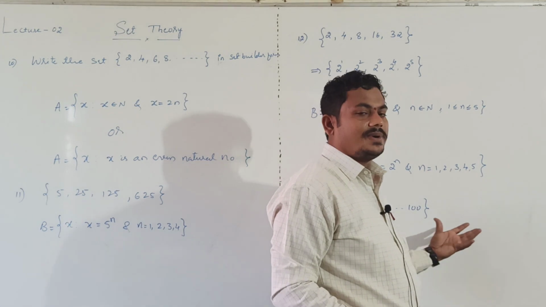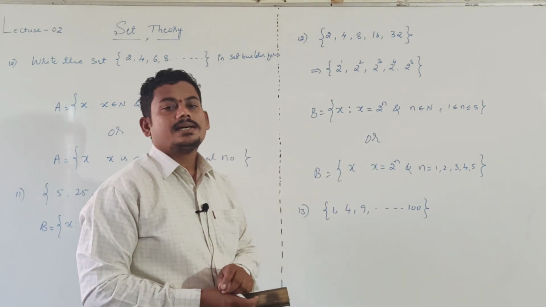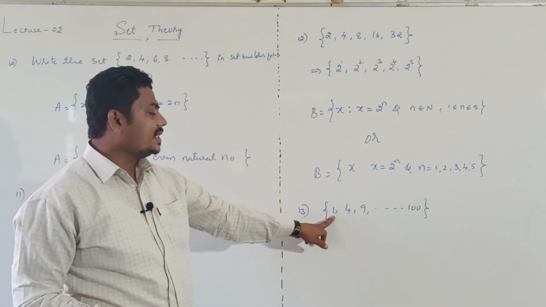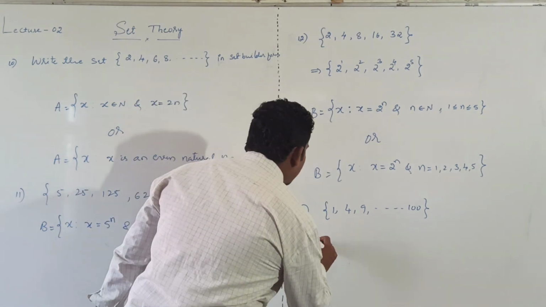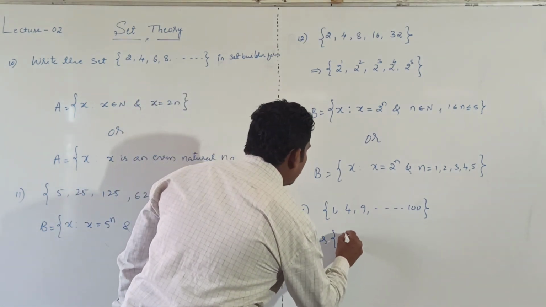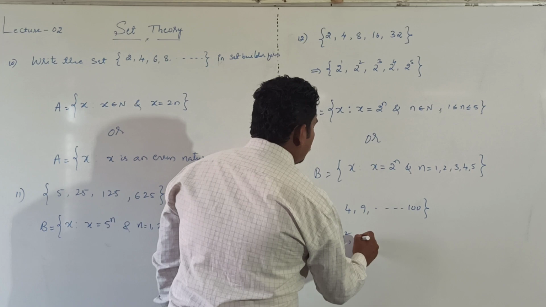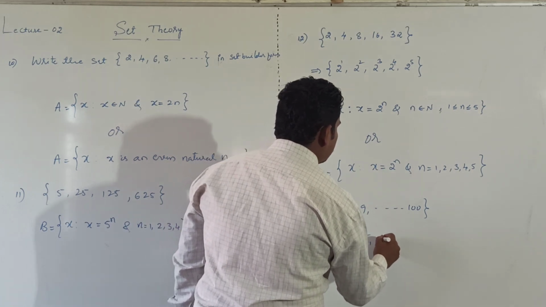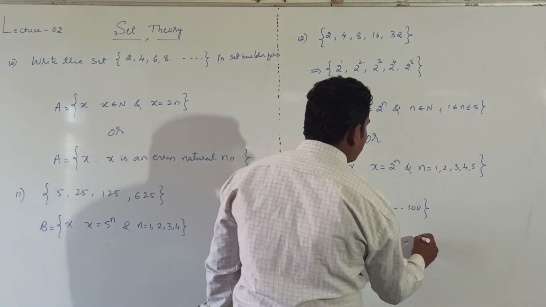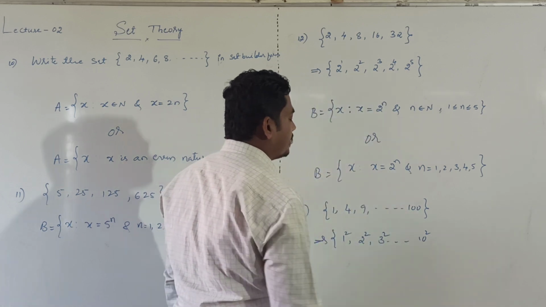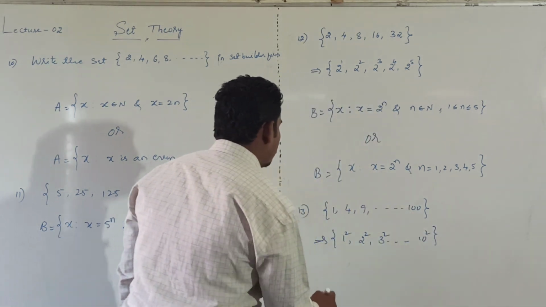The roster form they have given. We need to write the set builder form. Just look at each element of the set. Clearly each element of the set: 1 is nothing but 1 square, 4 is nothing but 2 square, 9 is nothing but 3 square and so on up to 10 square.